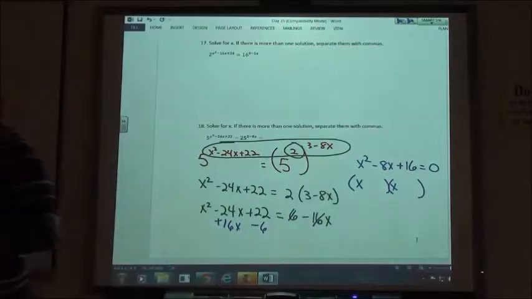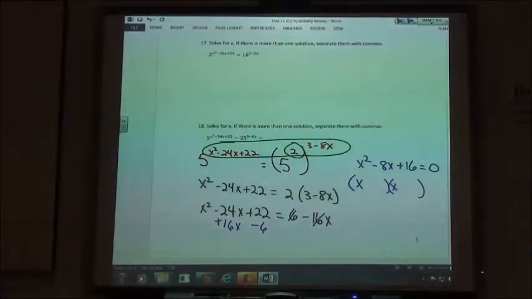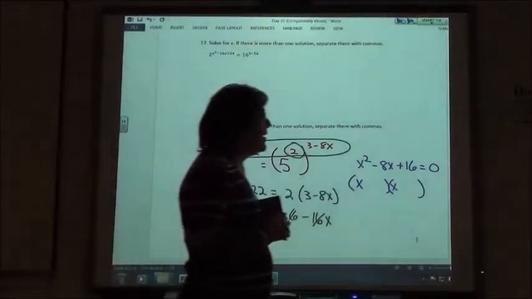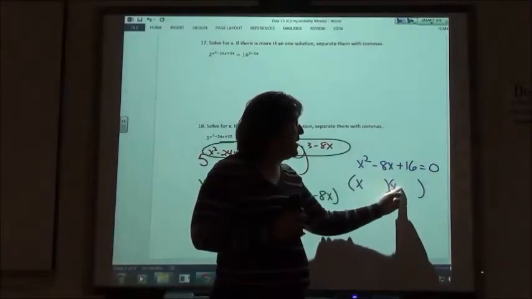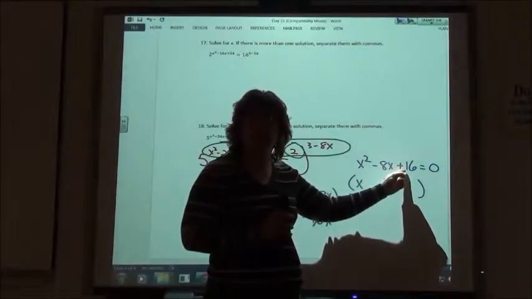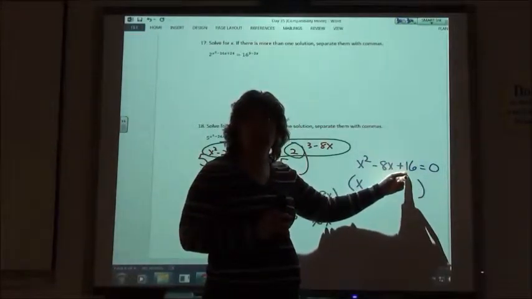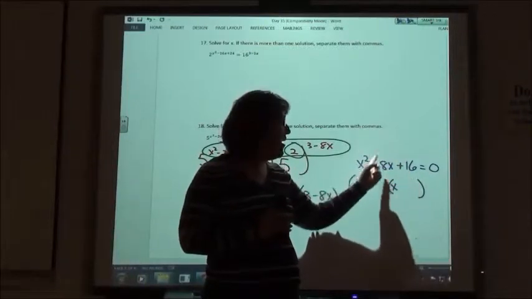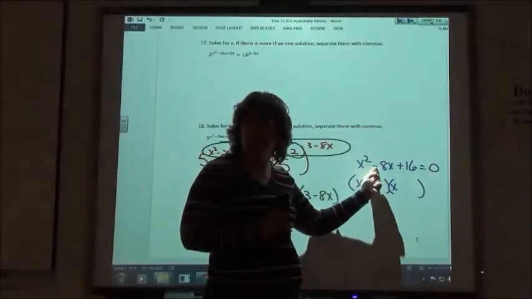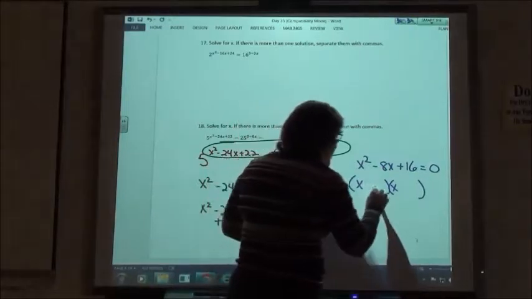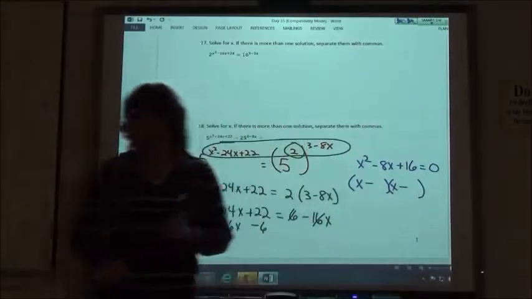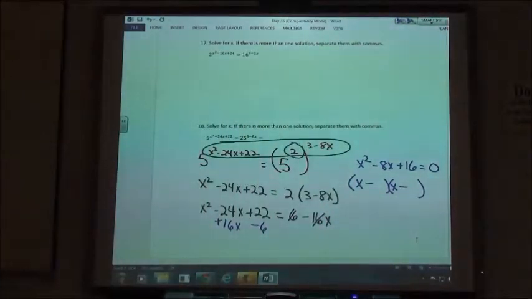Because the rule is if it's negative, you get one of each, but if it's positive, what happens? The end number is positive, so they both have to be the same as the middle sign. Oh, negative and a negative? I have to have a negative times a negative to get a positive on the end, right? So if the end sign is positive, they're both the same as whatever the middle sign is.